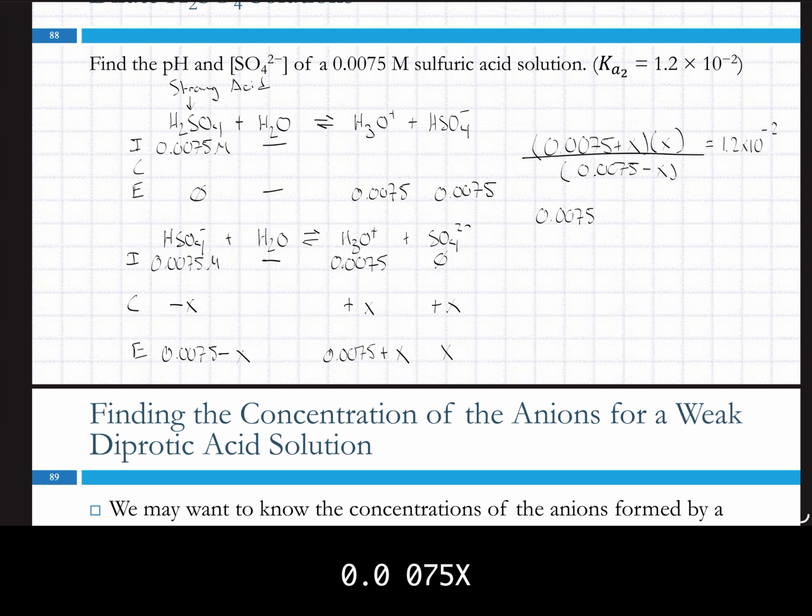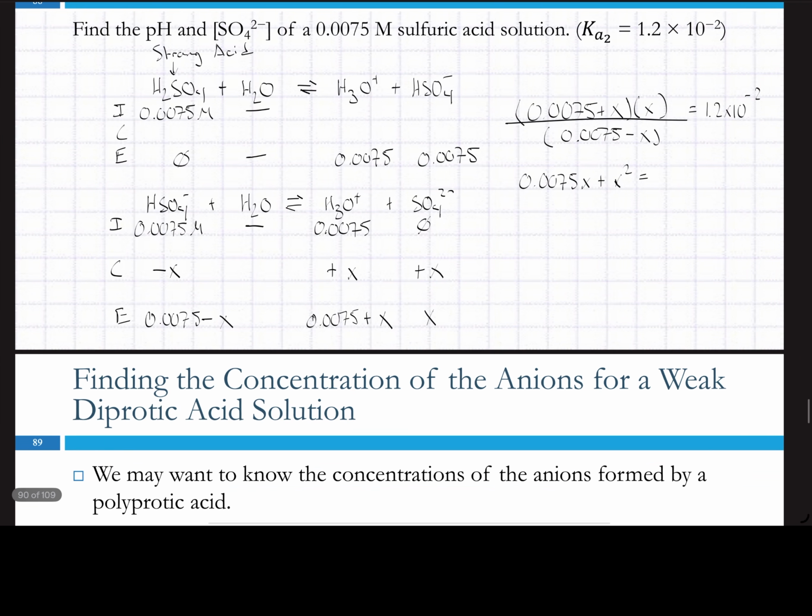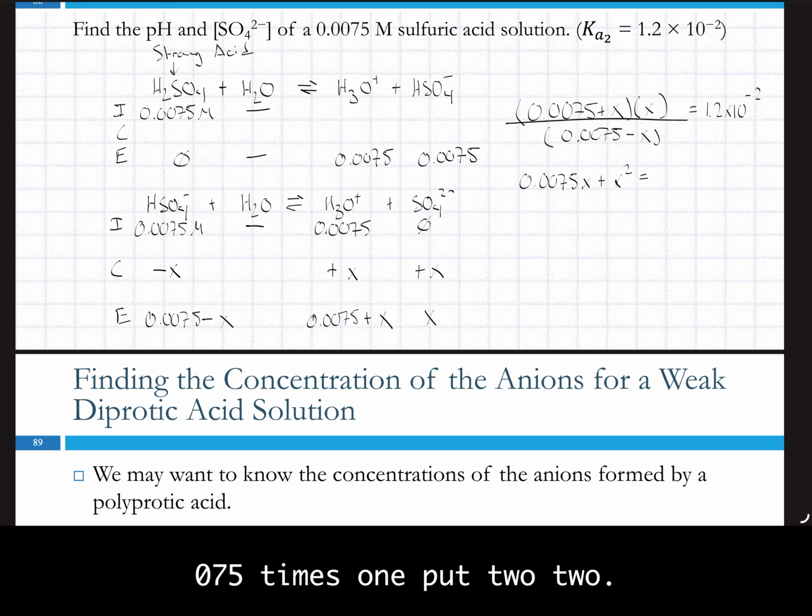0.0075 x plus x squared, 0.0075 times 1.2 e to the negative 2.